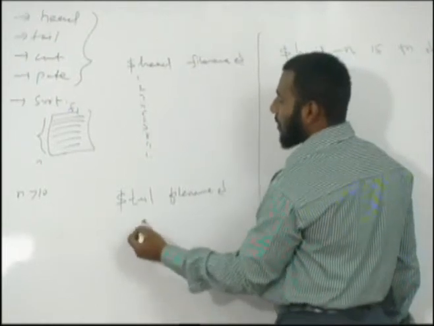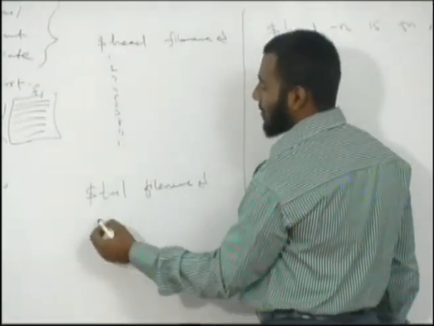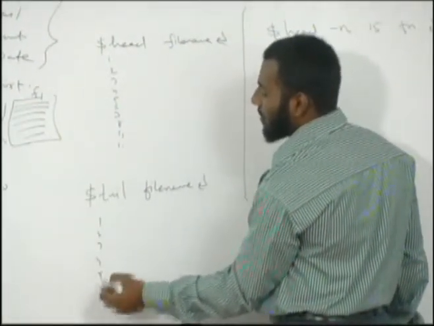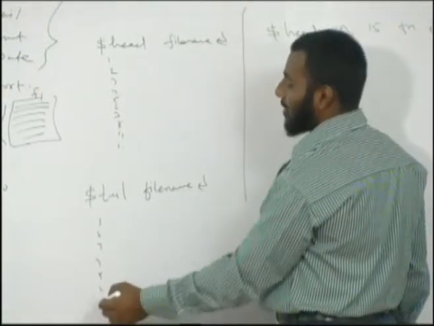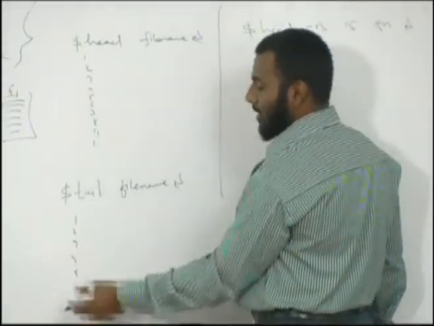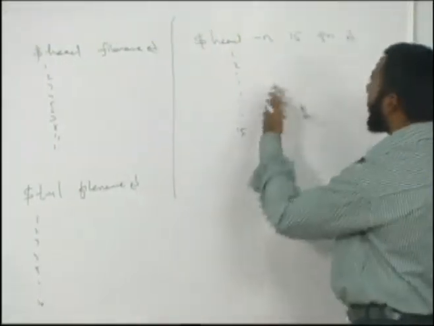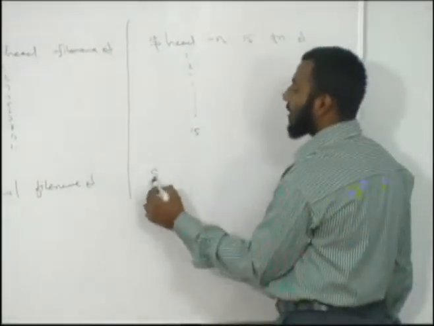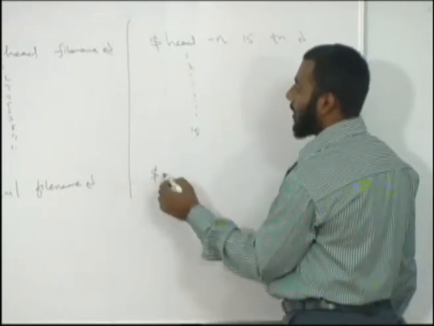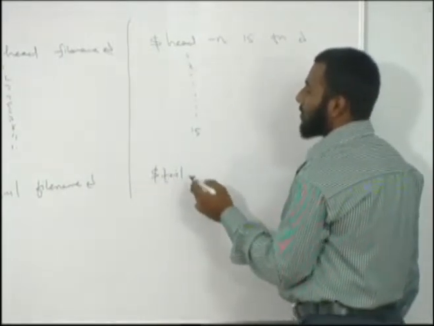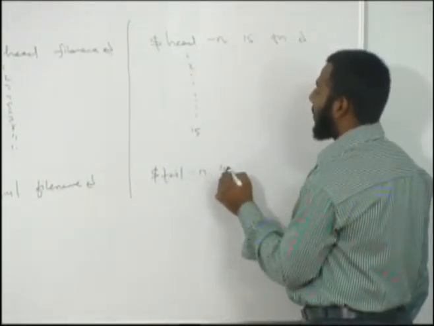It gives the bottom 10 lines. Similarly, if I am interested in the last 15 lines, I can use the same option n for tail. So tail option n 15 file name.